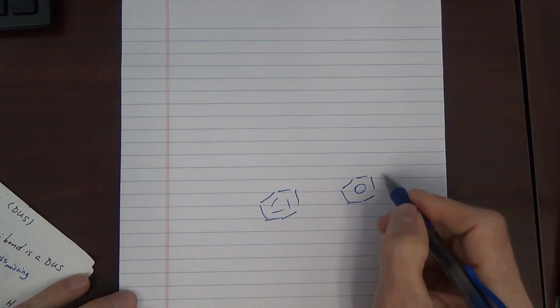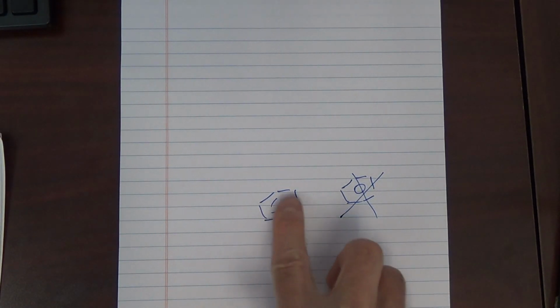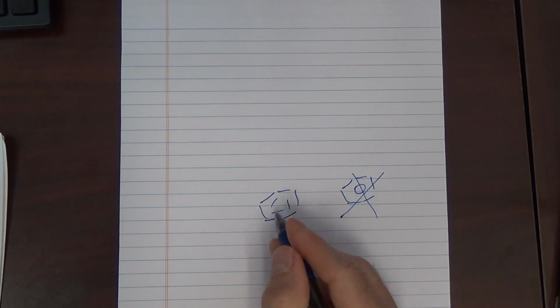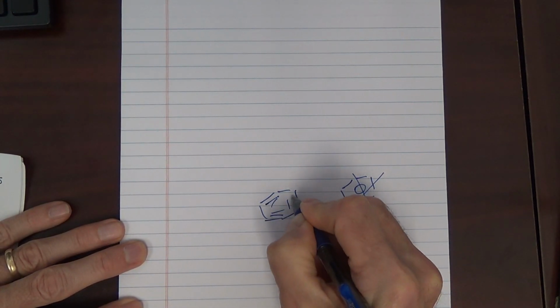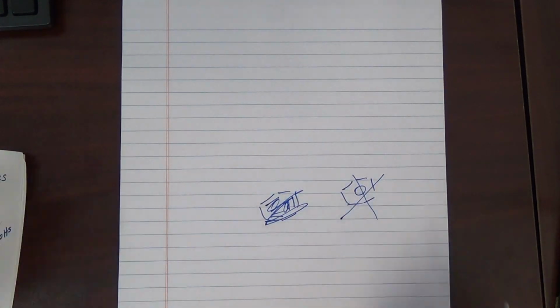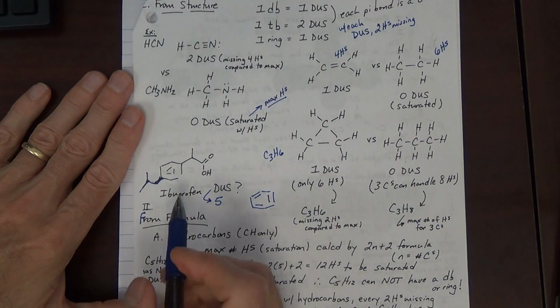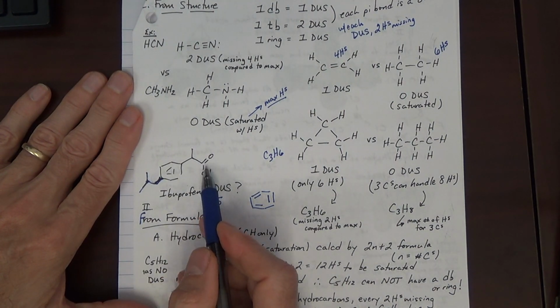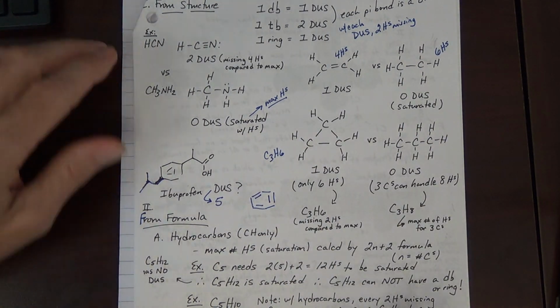For other reasons, I would recommend never doing that. But just to let you know that my pi bonds may not precisely line up. Okay? Four pi bonds plus a ring, that adds up to 5 DUS.